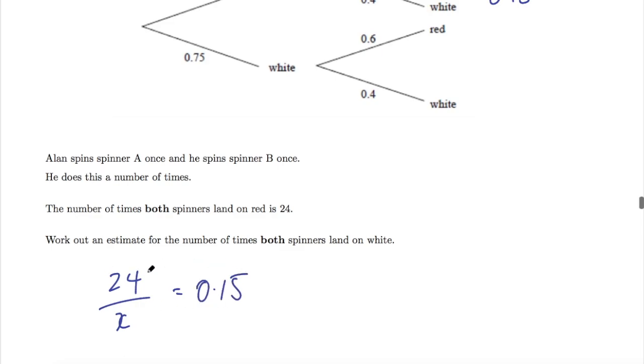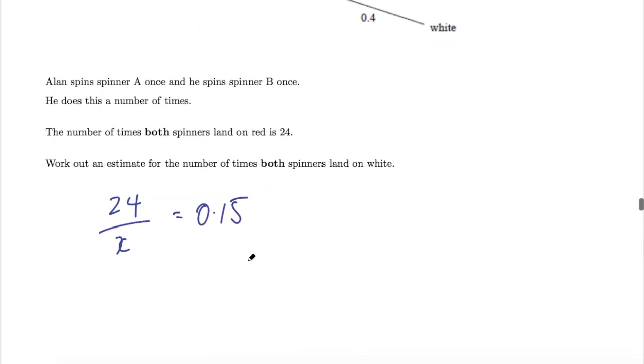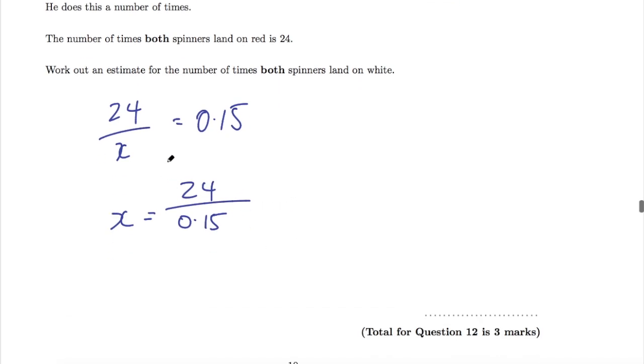They should represent the same probability. So x will equal 24 divided by 0.15, the number of times it landed on red divided by the probability of it landing on red twice. Then we can see the number of times he spun them is 160.